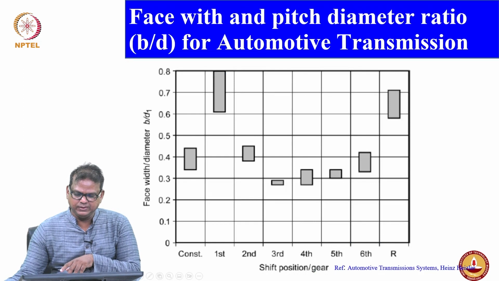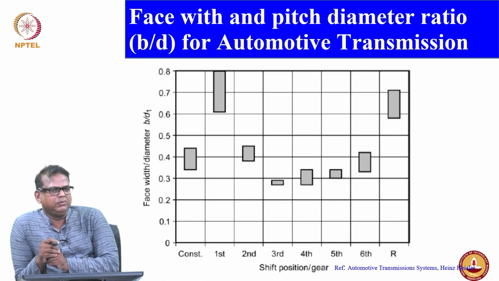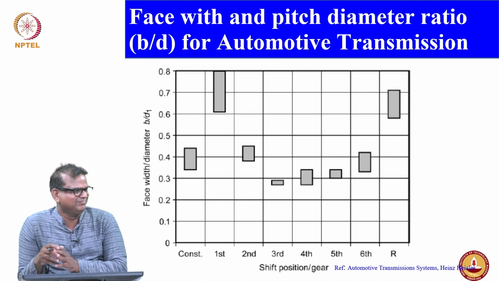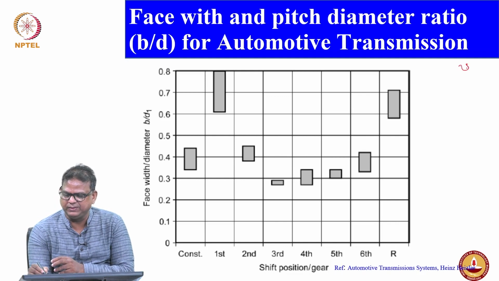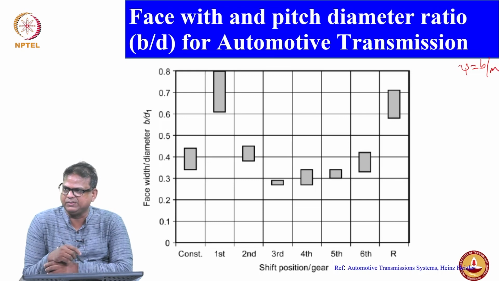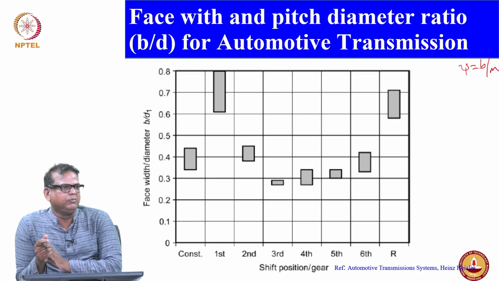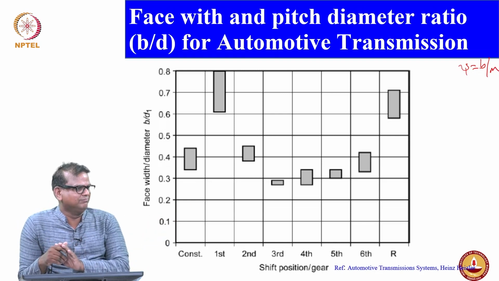Then, very important: do we use the face width constant or variable? We know psi equal to B by m, we have chosen this, this is the equation. Would you expect the face width to be the same for all the gears or variable?